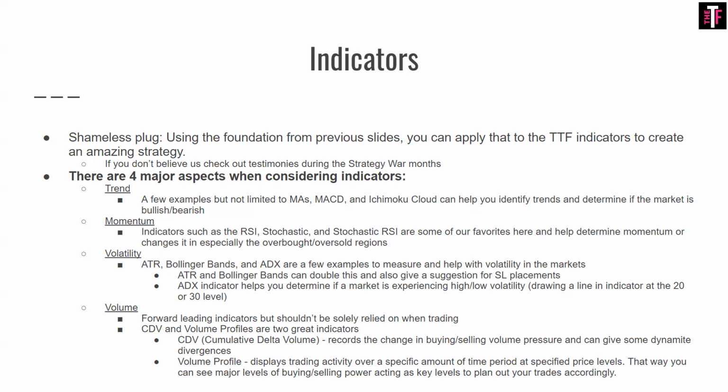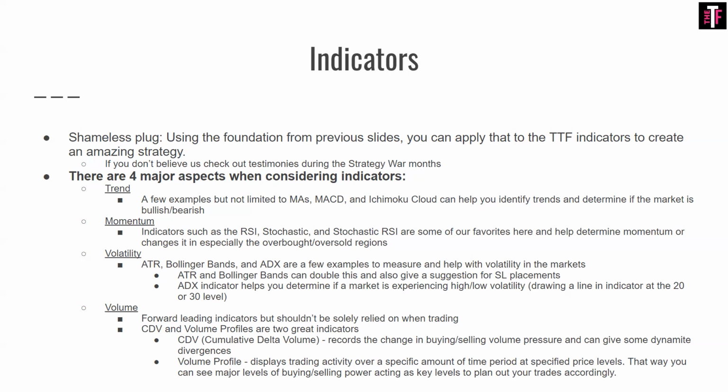Basically, if the ADX line is under that horizontal line that you drew, then price is probably consolidating and there's low volatility. If it's above, price could be trending and there could be higher volatility entering the markets. So it's just a rough guideline in that regard. You don't necessarily need this, but these are examples of what you could potentially use.